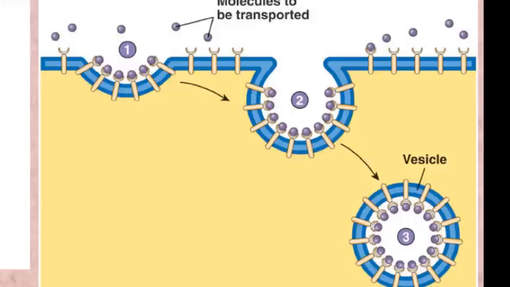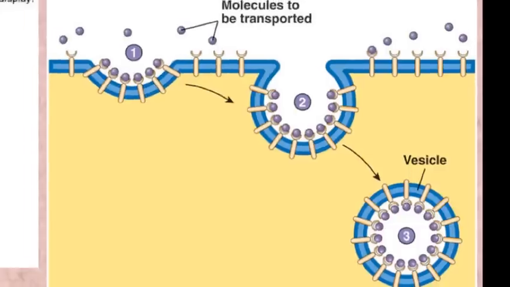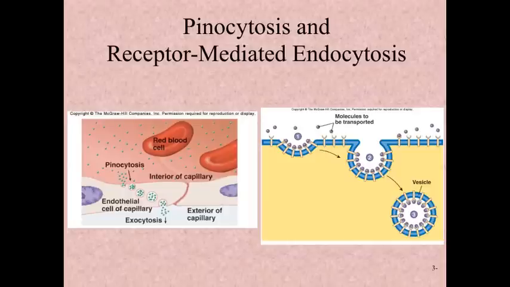And notice now at this point that you have a vesicle inside of the cell that contains the molecule that you wanted to bring inside the cell. Frequently after this has occurred, the cell releases an enzyme that's going to degrade the membrane surrounding that molecule. It will break it apart, releasing the molecule into the interior of the cell.